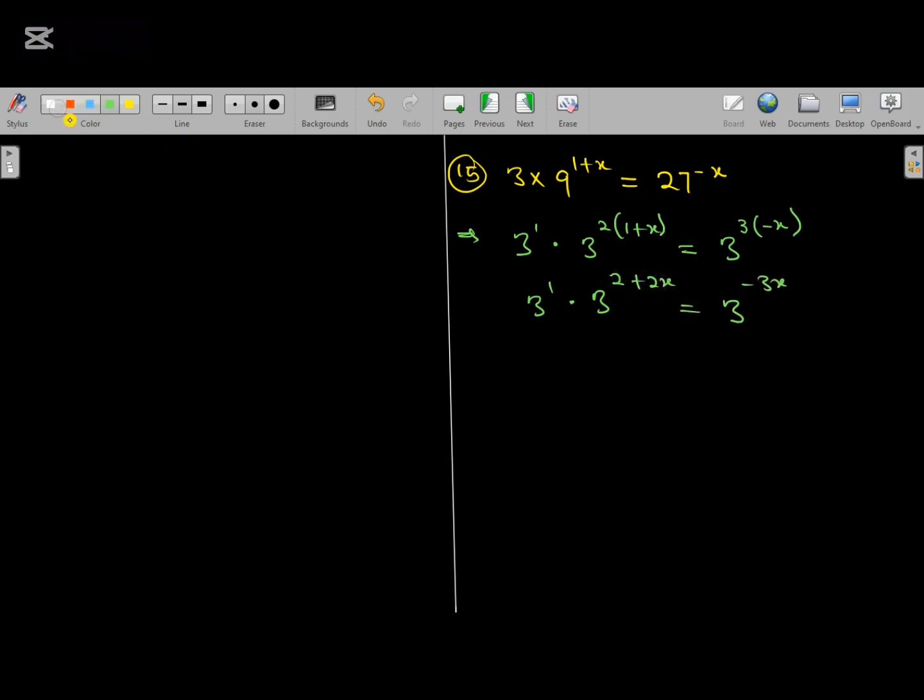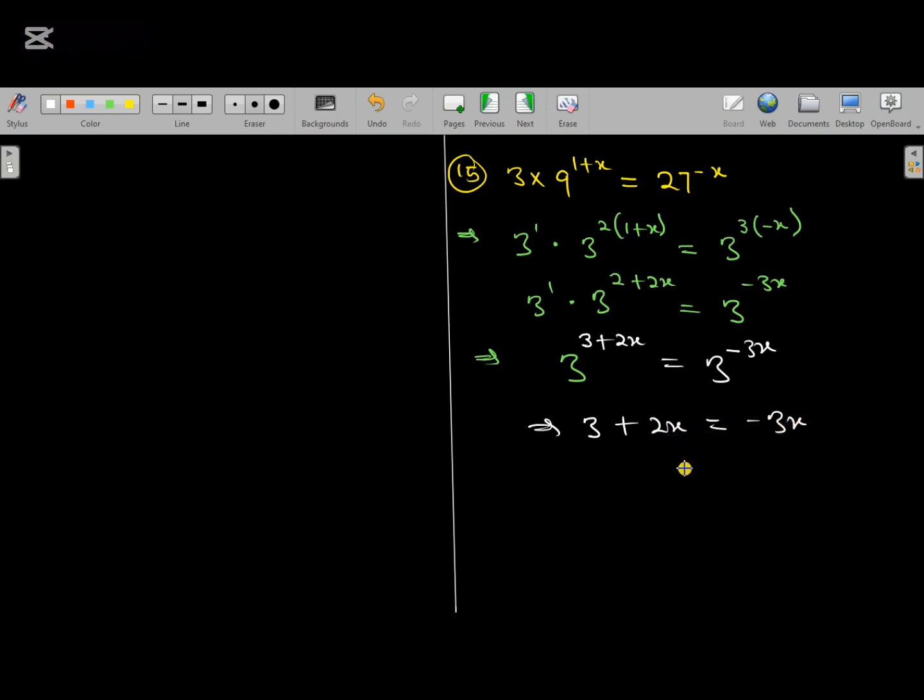All right, so this will now be applying the rule. So you just pick one base and add the powers. So this will be 1 plus all of this will give us 3 plus 2x as equal to 3 raised to the power of negative 3x. So since we have achieved what we want, we can now write 3 plus 2x is equal to negative 3x.